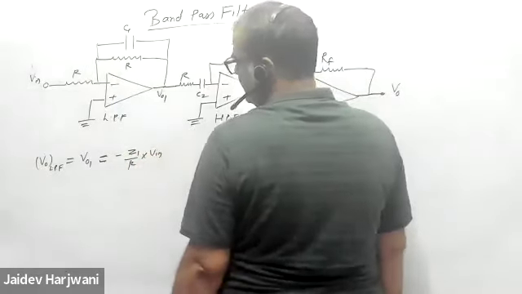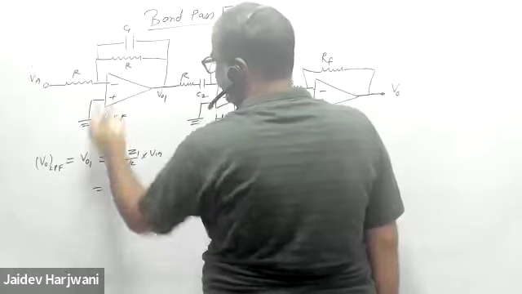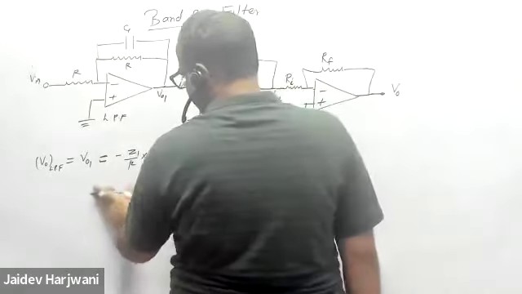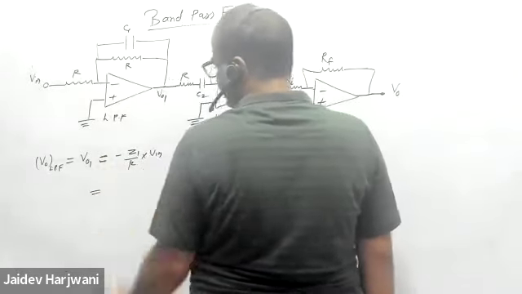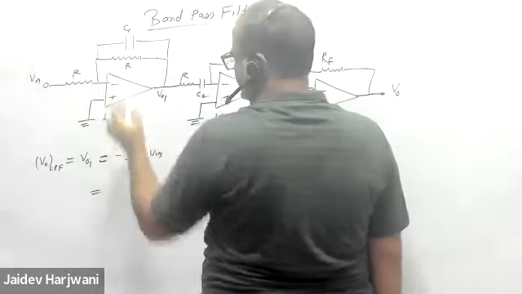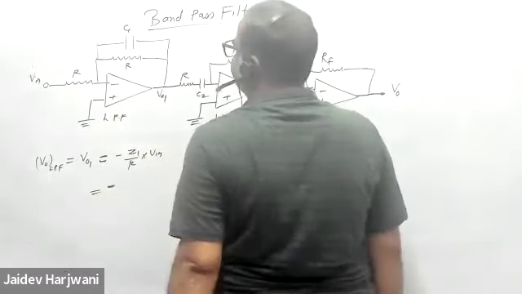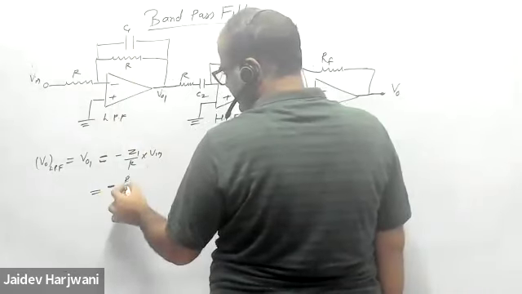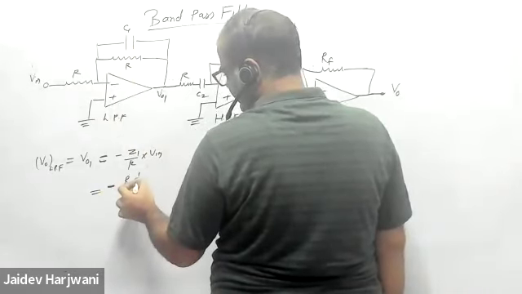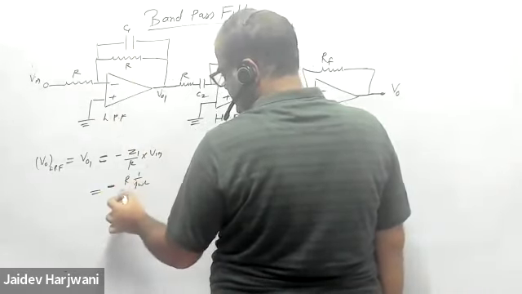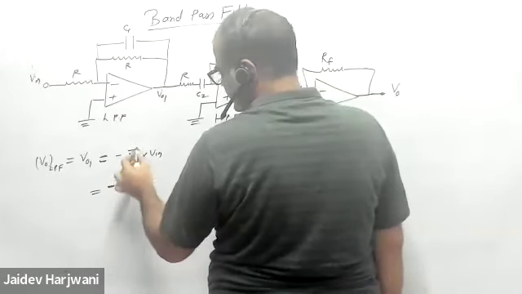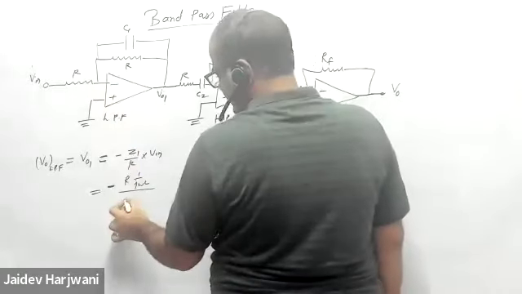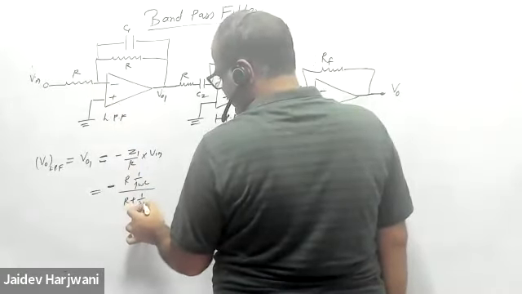You can apply nodal analysis also, then also you can write. So what is minus ZF? ZF is the combination of this one. So this is minus 1 by j omega C upon R, into V input. I'm writing for this one, Z1, and this is R plus 1 by j omega C.